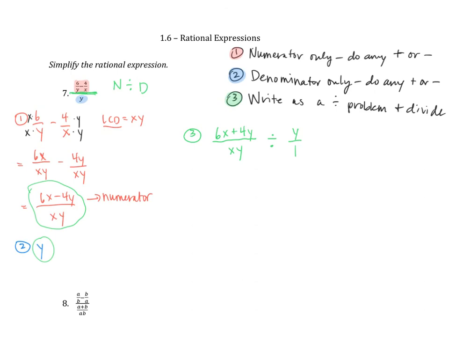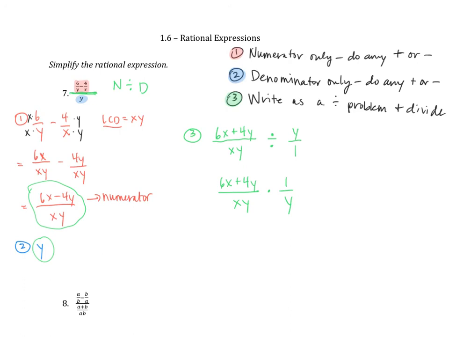All right, so we know to do the division, you actually have to change to multiplication and flip the second fraction. So this will be 6x minus 4y over xy times 1 over y. Okay, I cannot simplify anything here. I have a plain y down at the bottom on the right-hand side, but there's not just a plain y on the top.